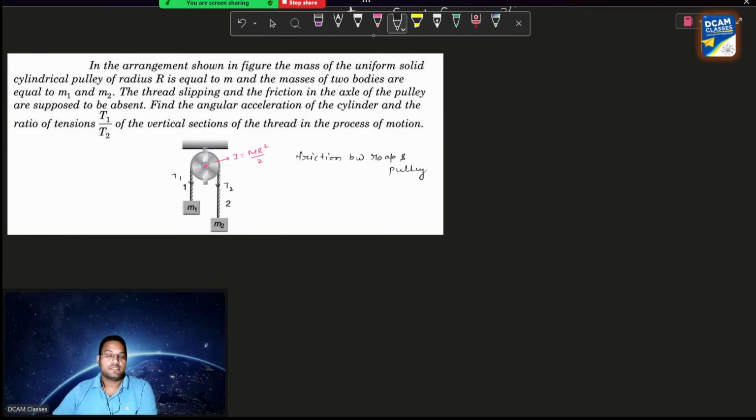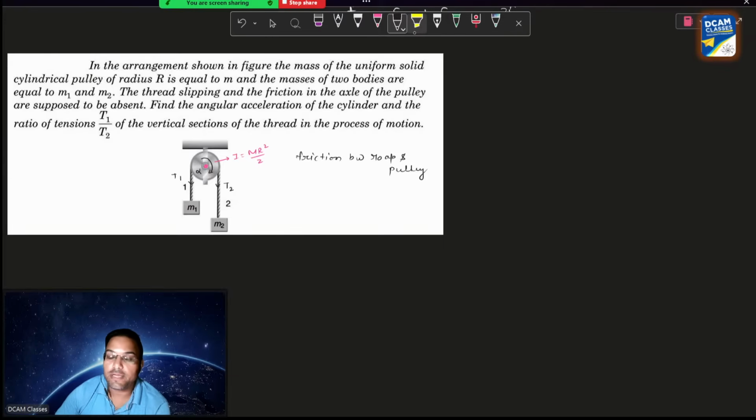Earlier there was no friction in the Newton's laws problems. So the pulley was as it is, it was not rotating, and the thread just kept on slipping. And there, because the friction was not there, the tension on the two parts was also equal. Now, what will happen in this situation, when friction is there, the pulley has to rotate.